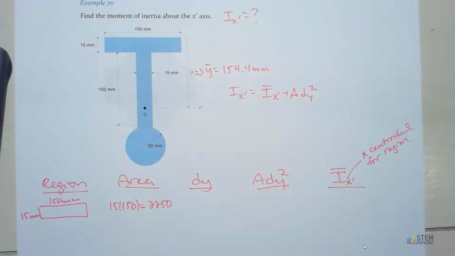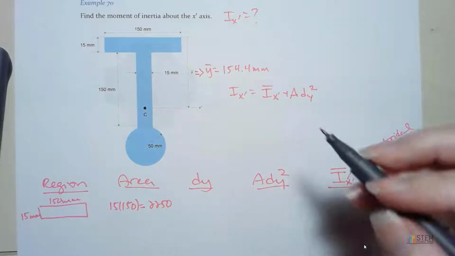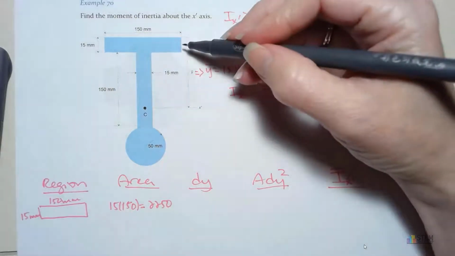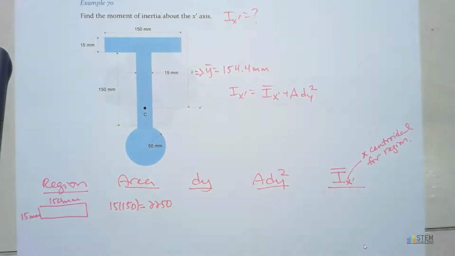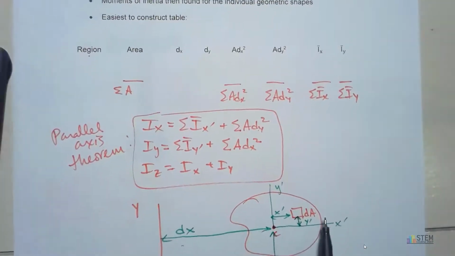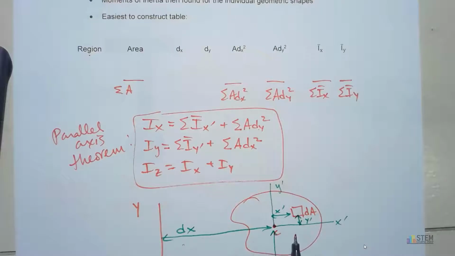Right, so now we have that. Now what we need to do is find dy. Okay, so think about what dy is. And let's see. We'll try to draw it up here. dy, if we go back, let's go back to this picture. Let's say our area now is this rectangle.